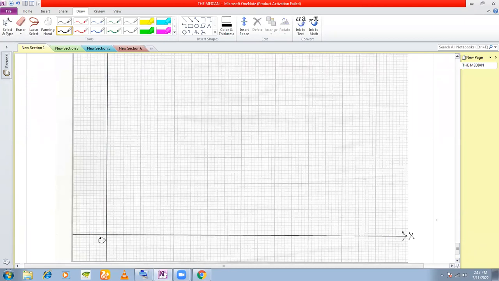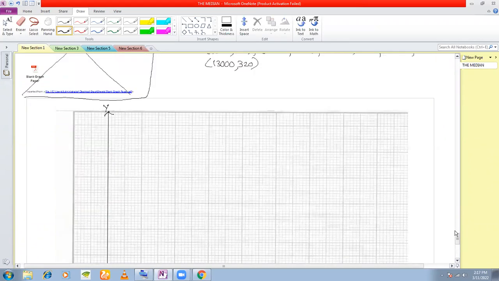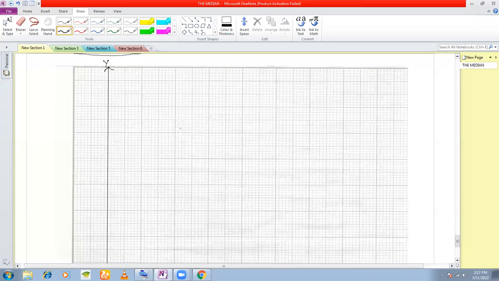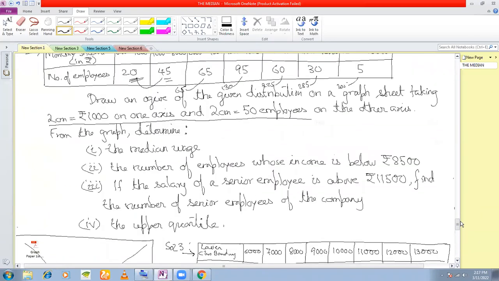This is the origin. What are we going to plot on the x-axis? What is the variable here? The incomes, monthly income.